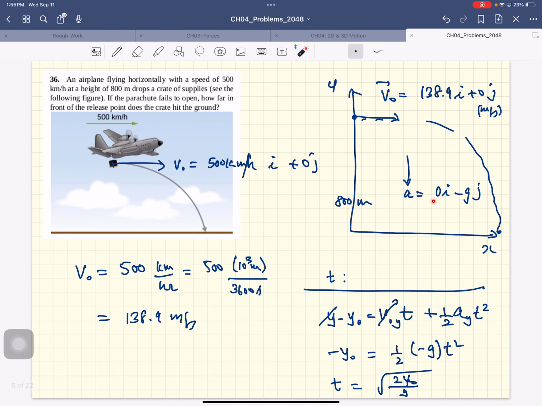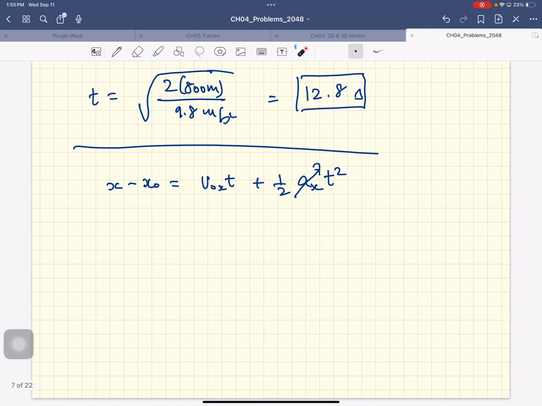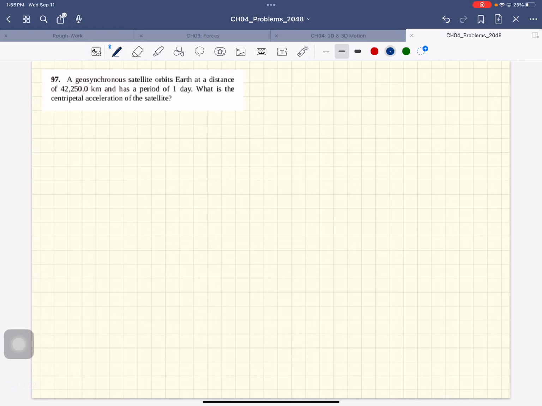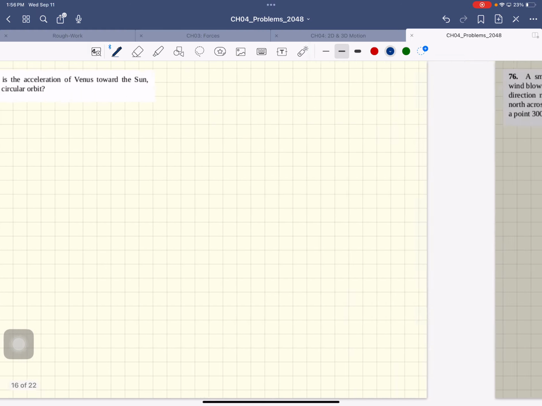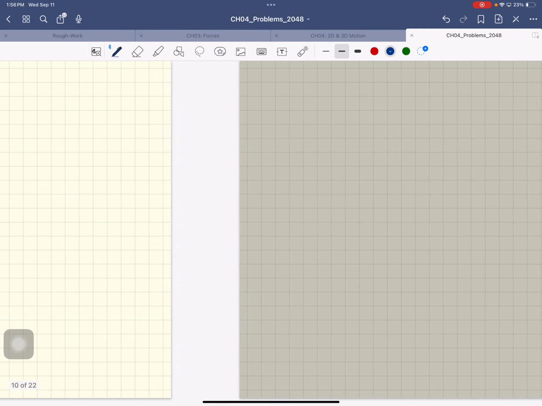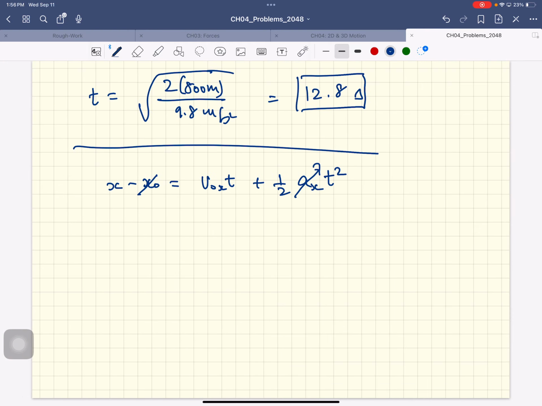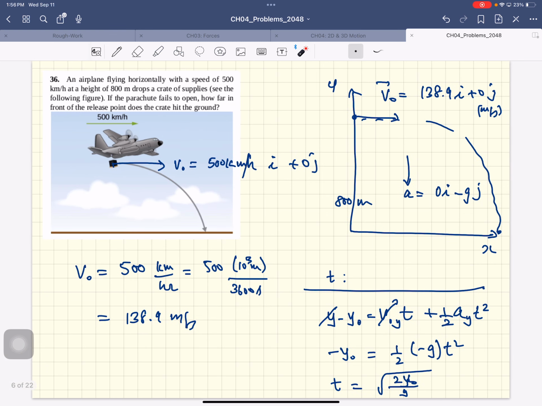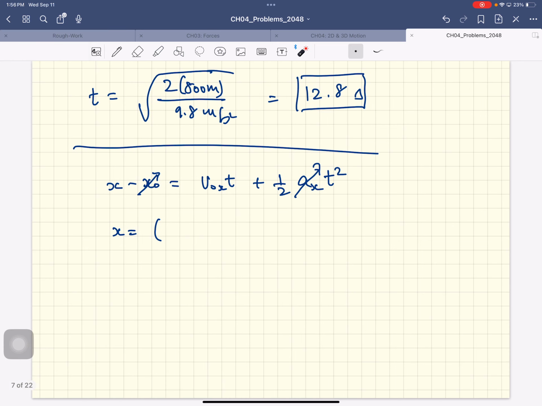You see the x component of the acceleration is 0. All right, so the final x location is the initial x component of the velocity we found, 138.9 meters per second, times the time of flight, which was 12.8 seconds.